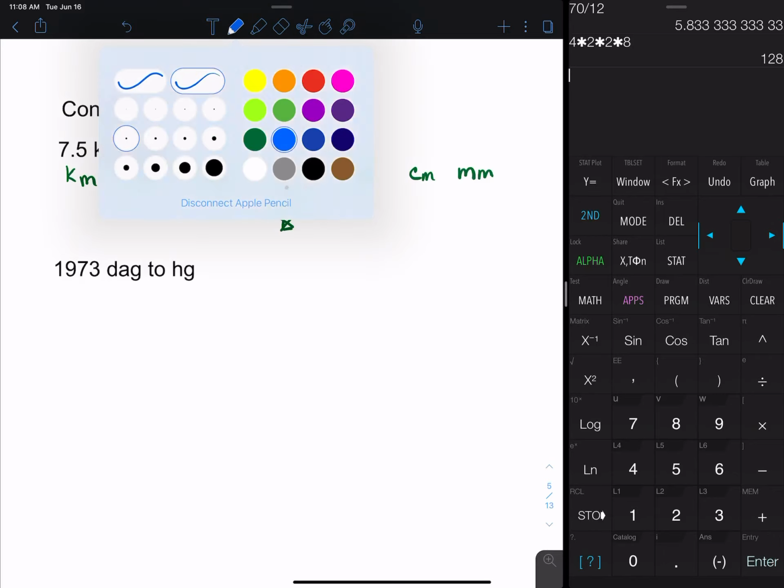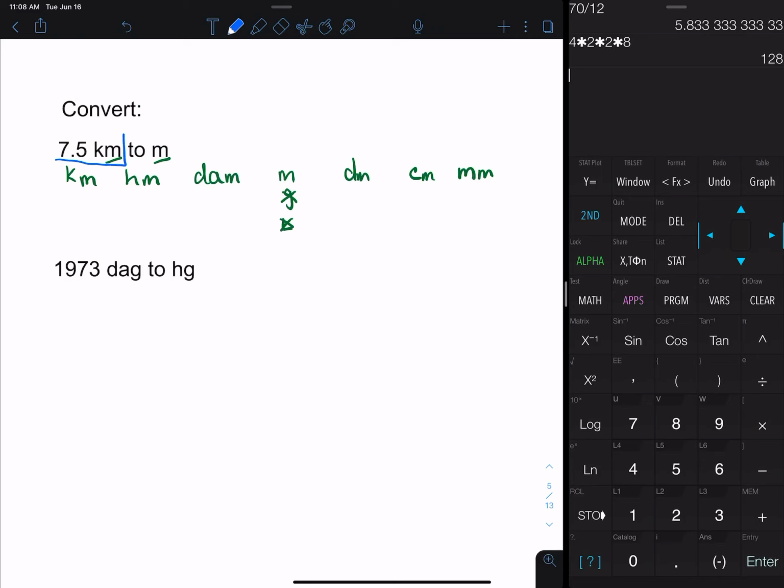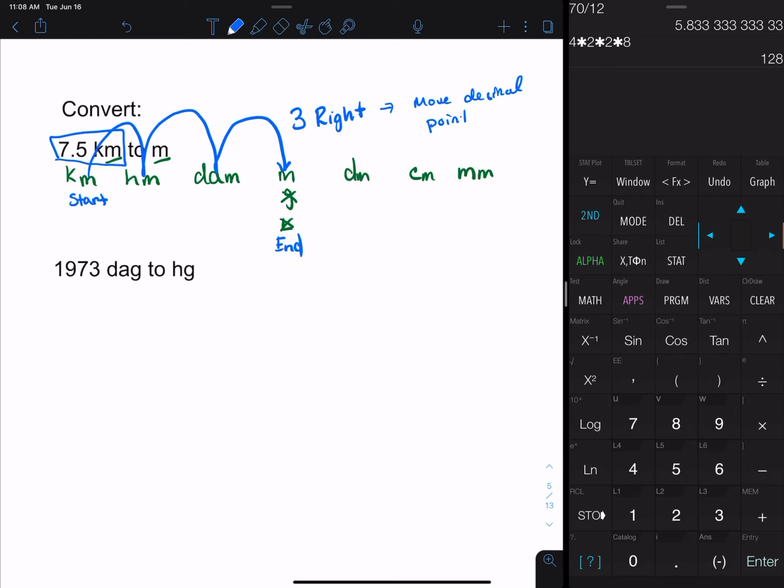Now if I look at this, they're telling me that I'm starting at the 7.5 kilometers and I want to end over here at meters. So it's telling me to go 1, 2, 3 spaces to the right. So what that's really telling me to do is to move the decimal point 3 spaces right.